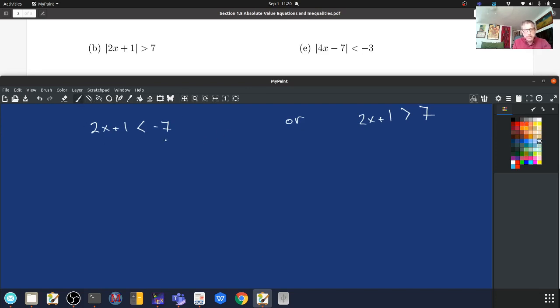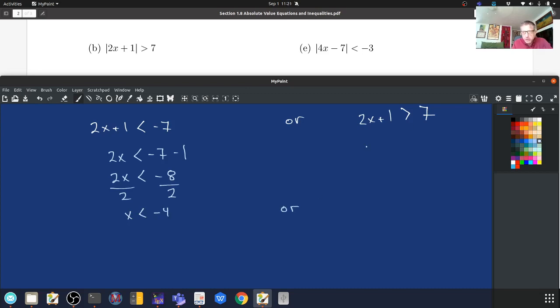So 2x plus 1 is less than minus 7. That gives me 2x. I'm going to subtract 1 from both sides. So that gives me 2x is less than minus 8. Now let's divide both sides by 2. So that gives me x is less than minus 4.